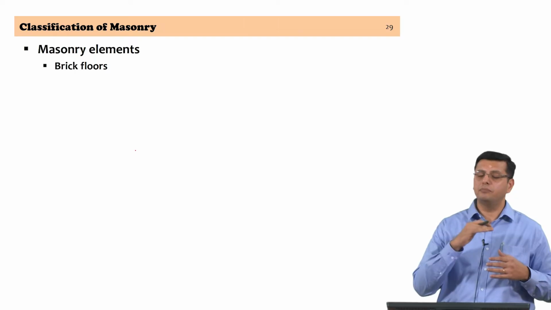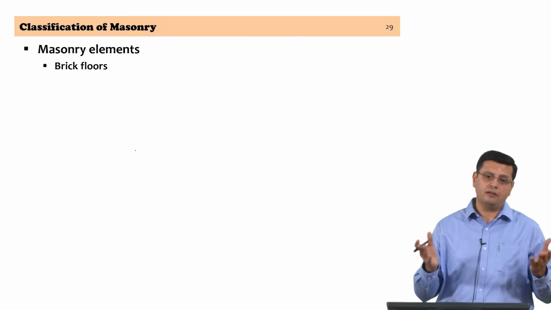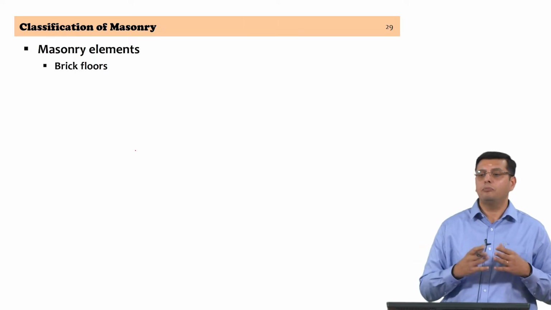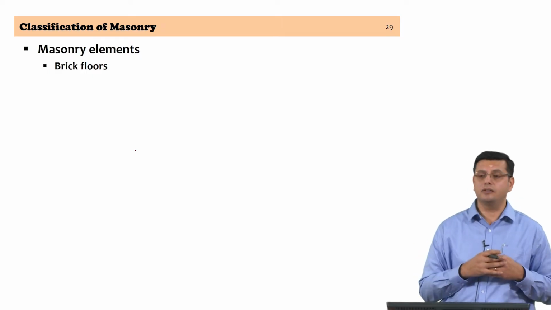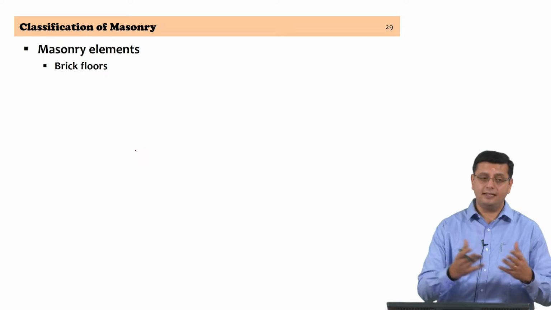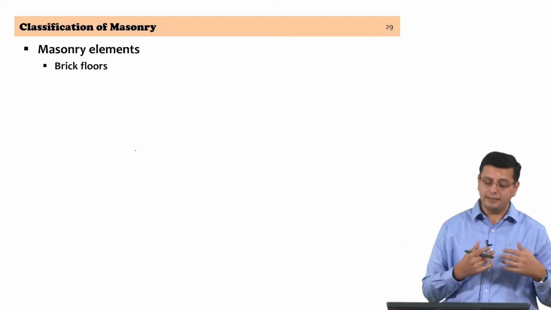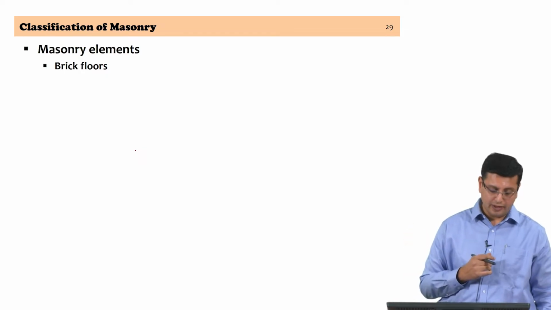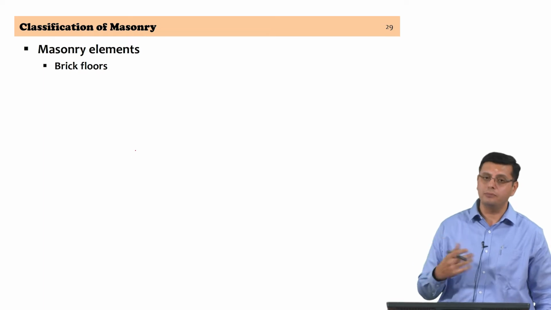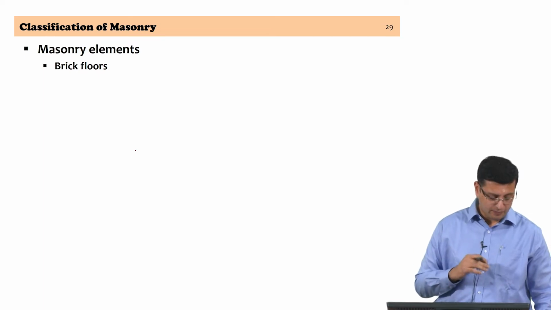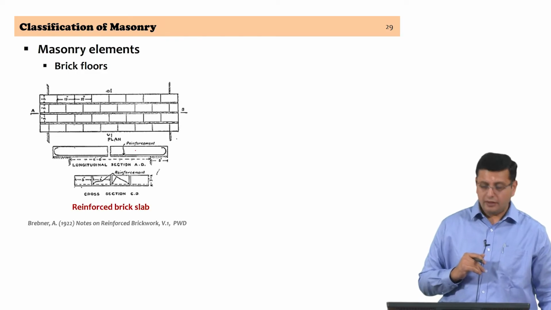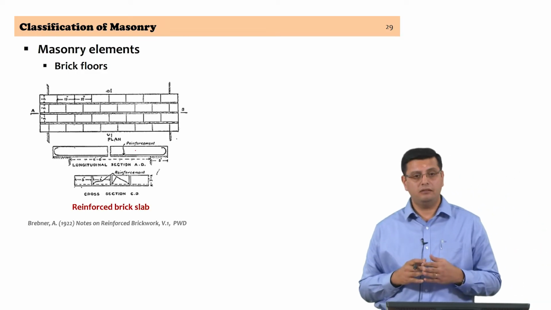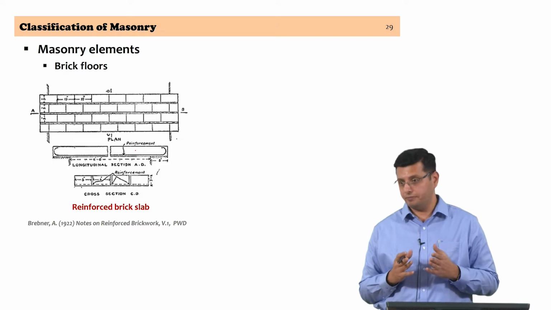The diaphragm being rigid in plane has a positive role to play in the lateral load resistance of a masonry building. It acts as an element that ties the entire structure together if provided with bond beams along with the reinforced concrete slab. However, reinforced brick slabs are also not uncommon.